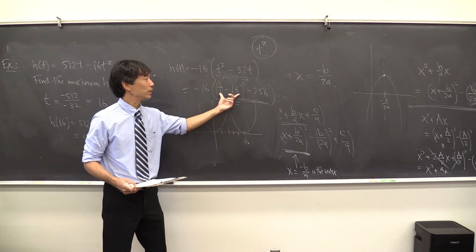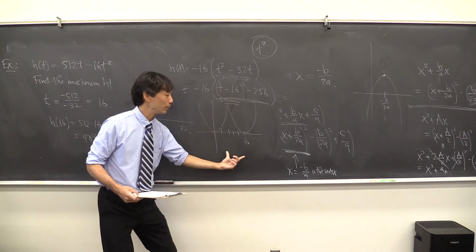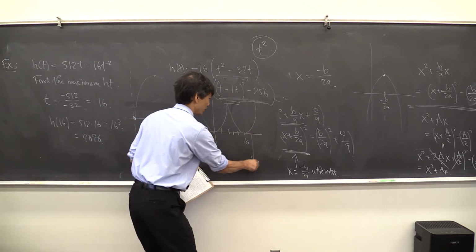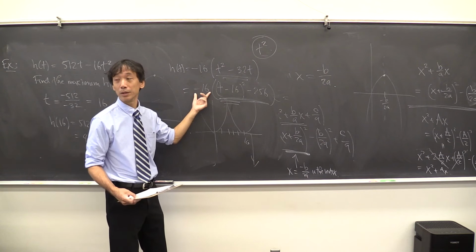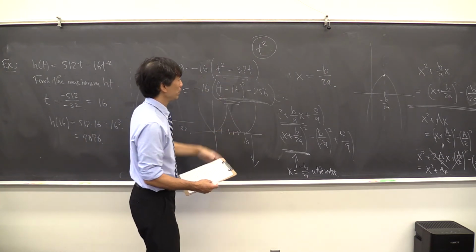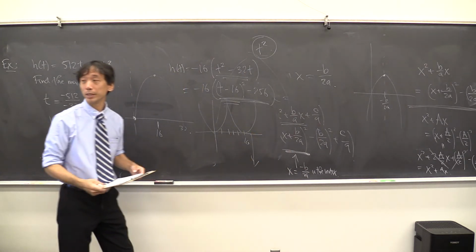Been moved over by 16 units, and then it's been moved down by 256, and then it gets flipped over and multiplied by 16. So it's going to go like that.